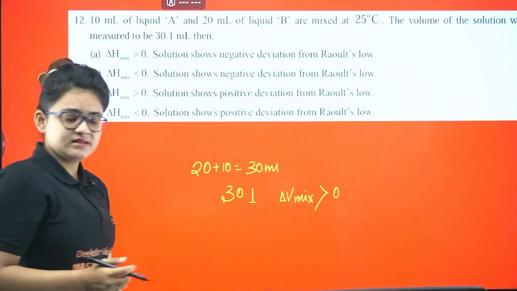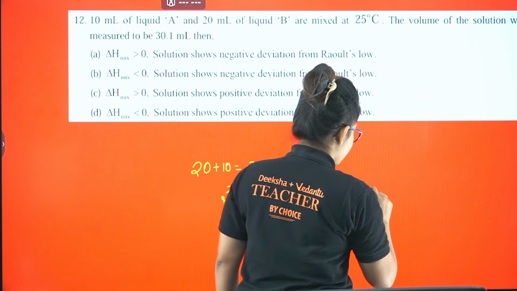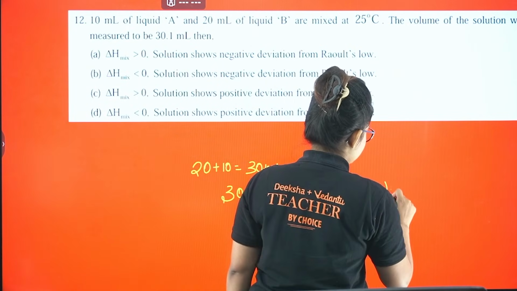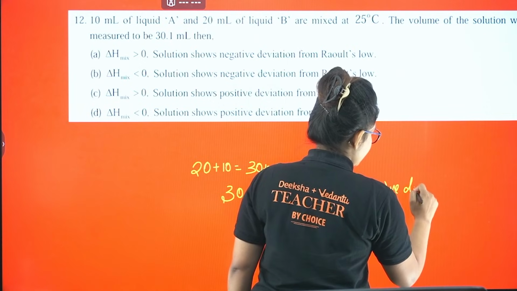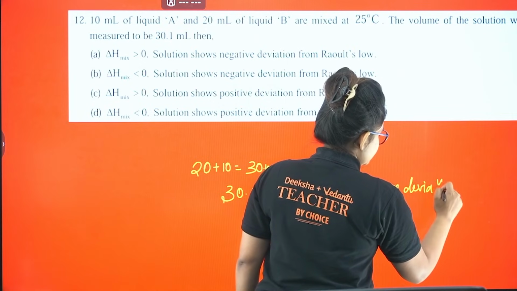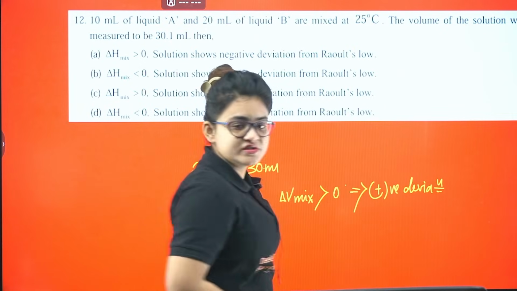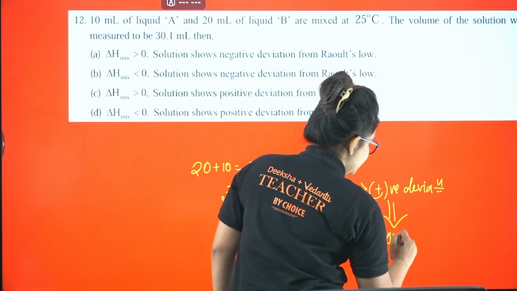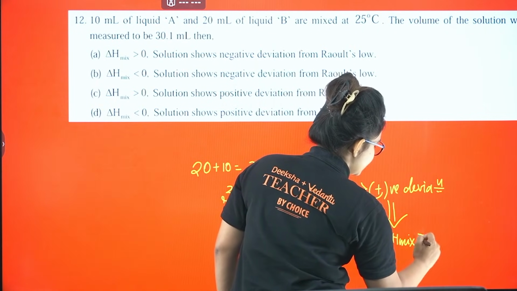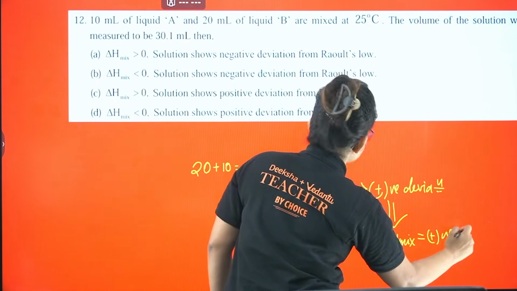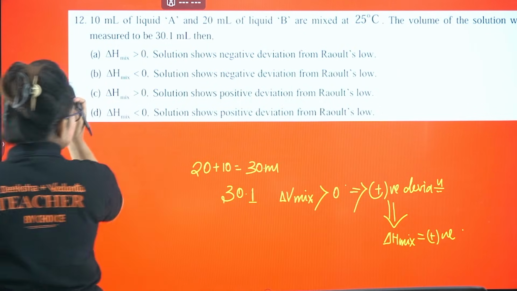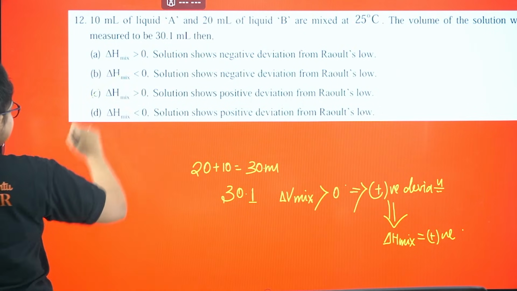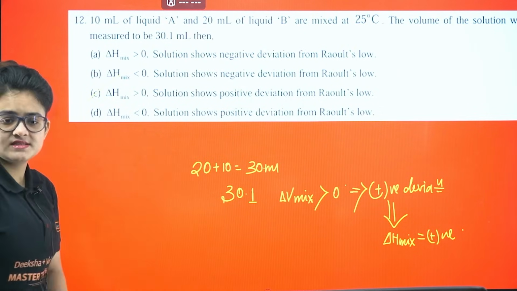From there you can conclude that it is the positive deviation of Raoult's law. In case of positive deviation of Raoult's law, delta H mix is also positive, right? So in accordance to that, option C is the correct one. Okay, I guess this is clear.